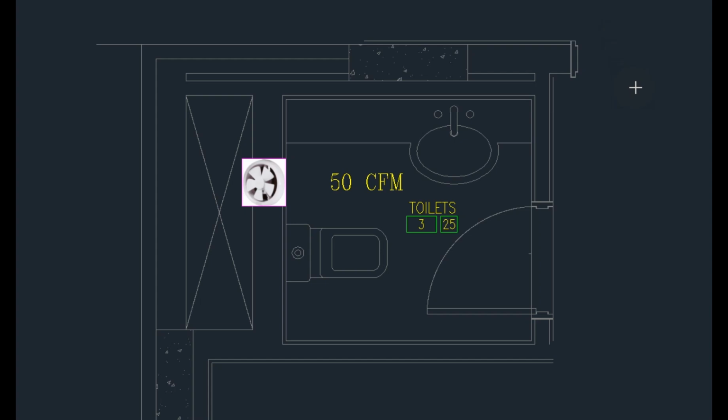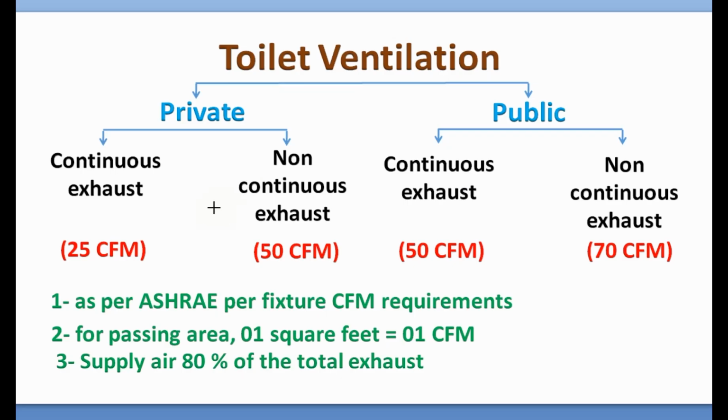For private type toilet, if we are not using central system, then we use separate exhaust fan for each toilet. And to select the capacity, we use this table. If we want to use the exhaust fan continuously, then we will select the exhaust fan at a capacity of 25 CFM.